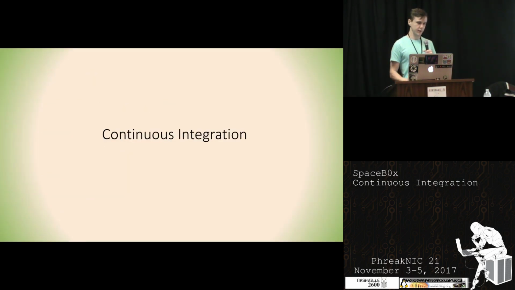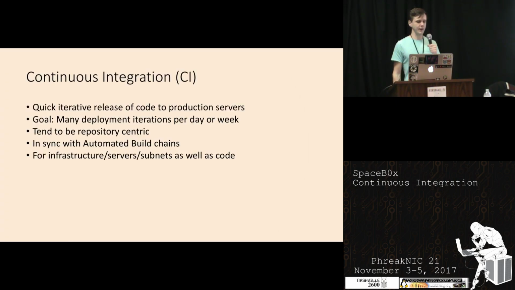We need to at least set some definitions before we go any deeper. Continuous integration at a high level is the tools that are in place to quickly and iteratively release code into production environments. The goal, especially for development shops, is to have many iterative releases per day.